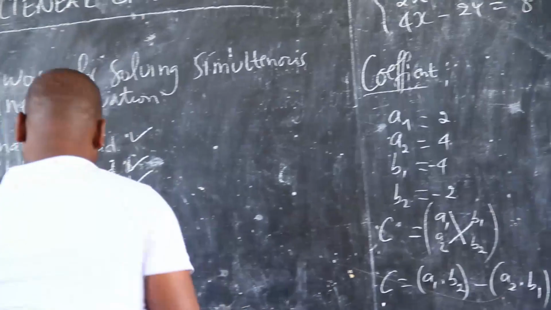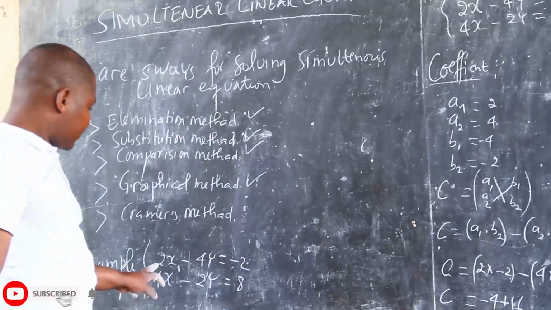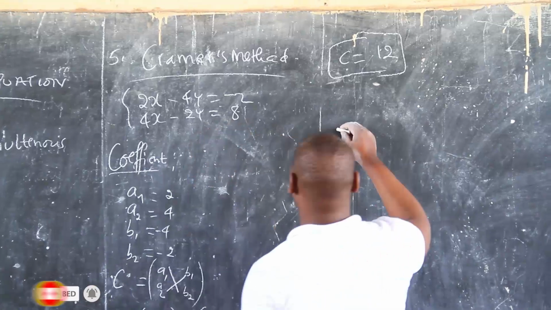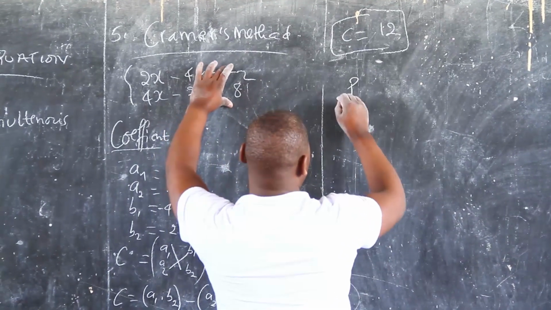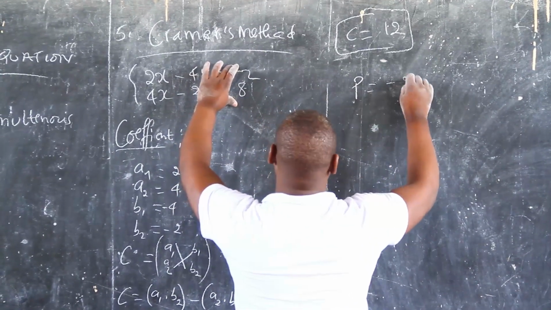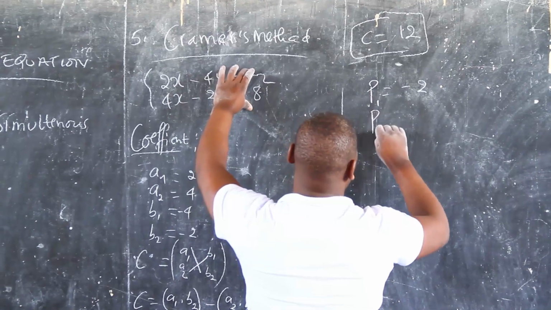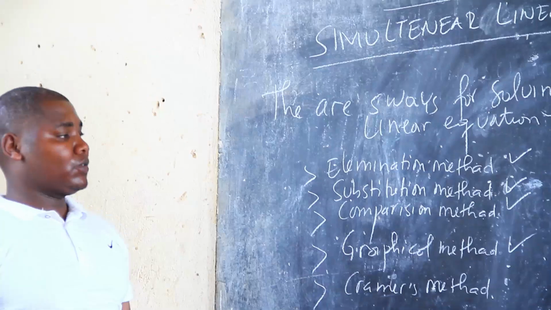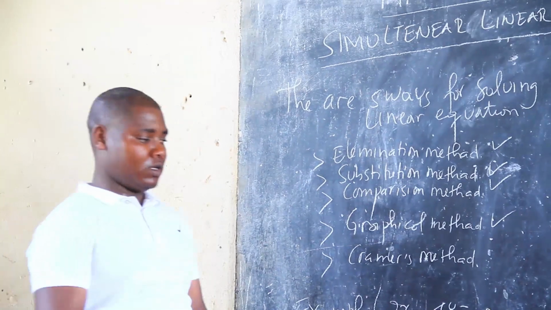Then when we go to find the value of x, let's take the products: negative 2 and 8. Then once you find the values, let us make a verification.